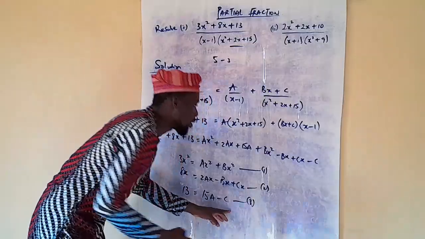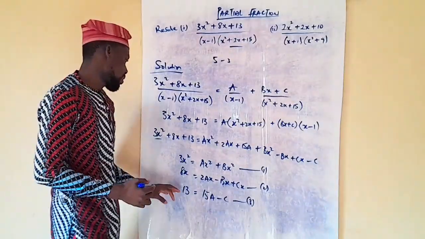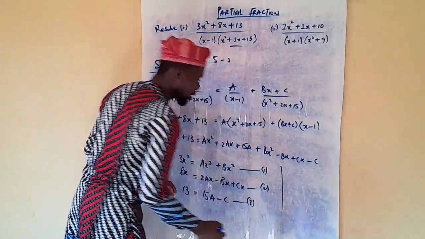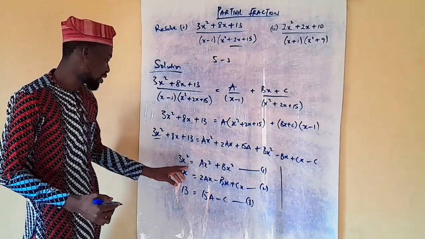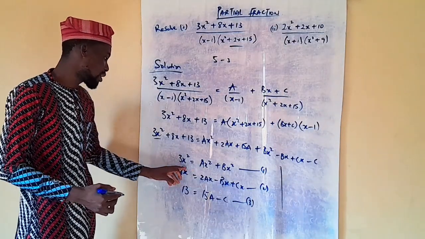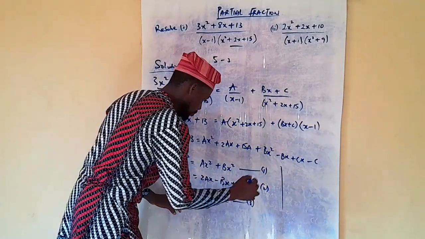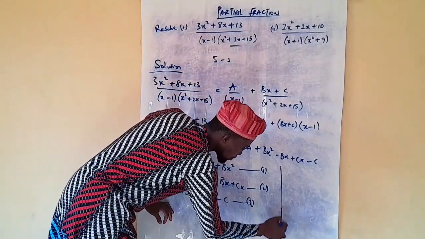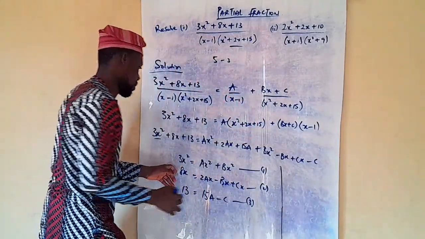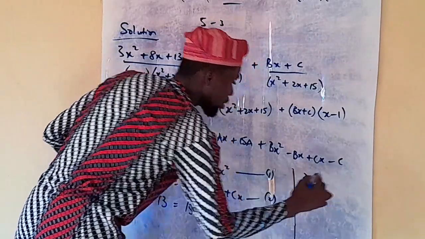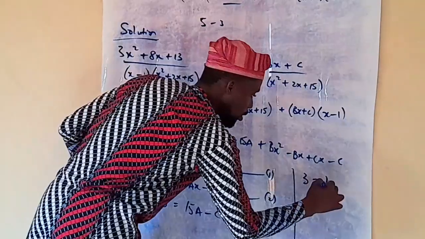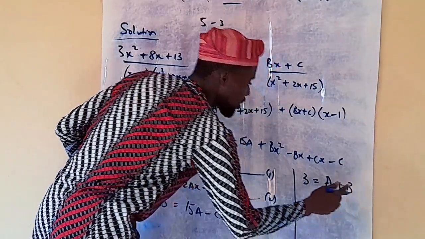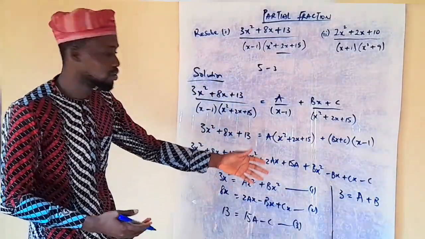That's equation 3. Now, as I did in my last class, using comparing coefficients, if you factorize out x on the right hand side and left hand side, it will cancel out, remaining 3 equals A plus B, which now represents my proper equation 1.